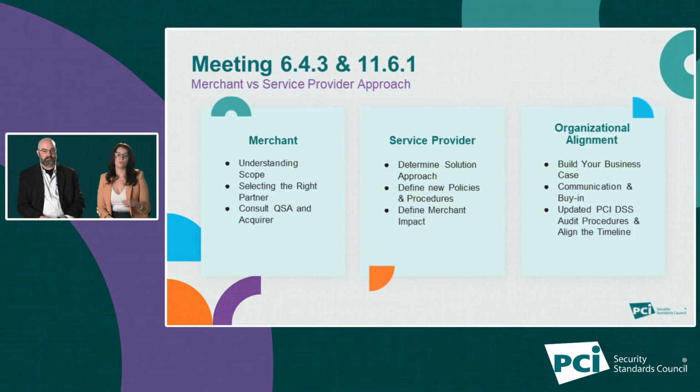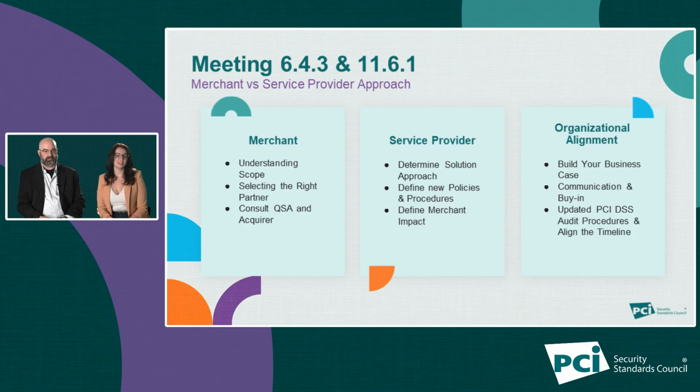And that's something that each of us has to take a look at as a service provider and make the right choice. But once you've made that choice and determined the approach that you're going to take, it's really important to look at the new policies that are going to be required. No matter what approach you take, if you're using a third-party vendor to help meet those requirements or doing it in-house, you're going to have updated procedures that you're going to need to document, circulate, and ensure that everyone understands what is impacted and how their role is impacted.